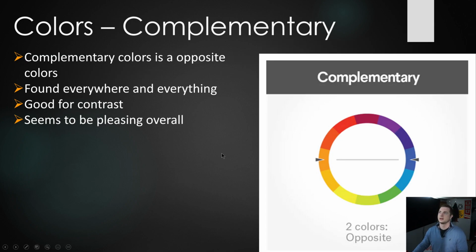So that is one. Complementary, used everywhere because it is hyper successful. It's good for contrast. It's good in terms of just matching colors together, because these are essentially the colors that go well together. So there's a reason why the Christmas colors are red and green, right?